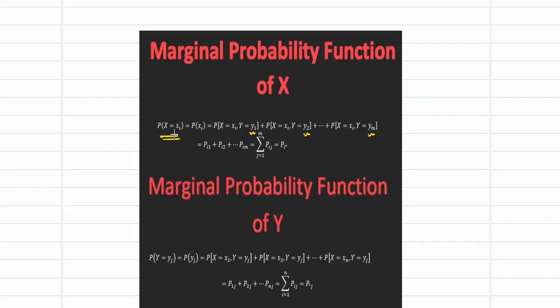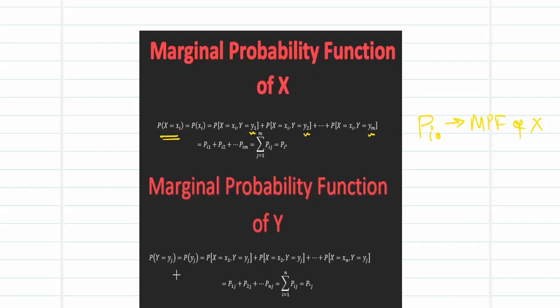X is fixed, y is varying. So I write it as pi1, pi2, pi3 up to pin. This is denoted by the symbol pi dot. So pi dot stands for the marginal probability function of the random variable x.